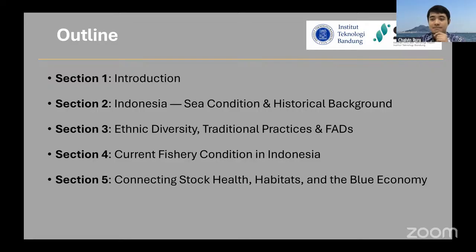The fourth, I will talk about the current fishery condition, with some examples. And then the fifth, I will talk about my own current research, how stock health, habitat and blue economy play a role in the fishery in Indonesia.